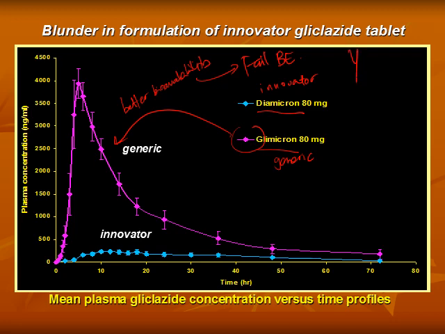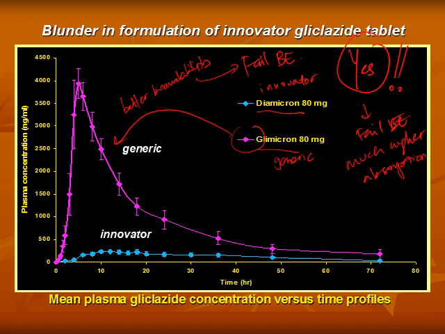The answer is yes, but they fail bioequivalence because they achieve much higher absorption. In this case, even though the generic has performed much better in bioavailability than the innovator, they couldn't get their drug marketed simply because they didn't fulfill the requirement for the bioequivalence study.